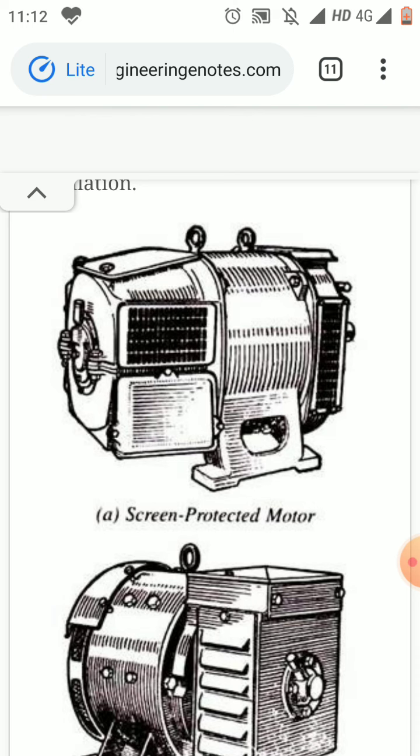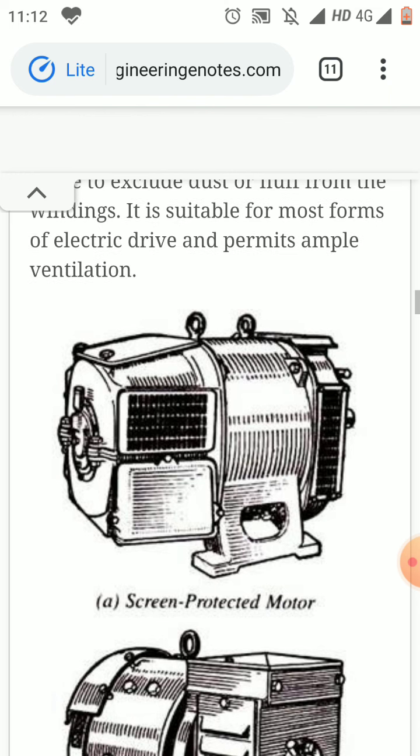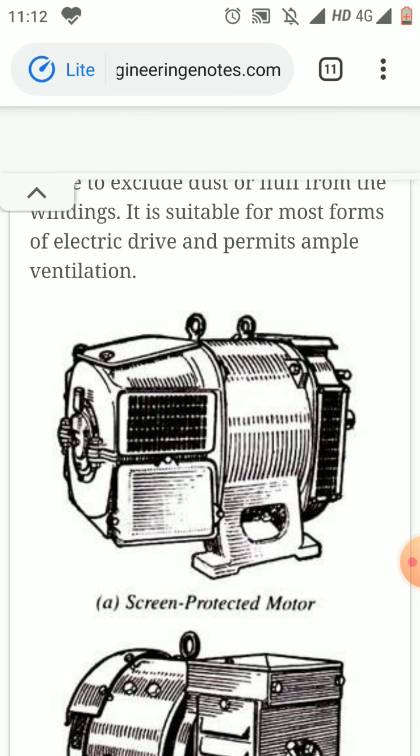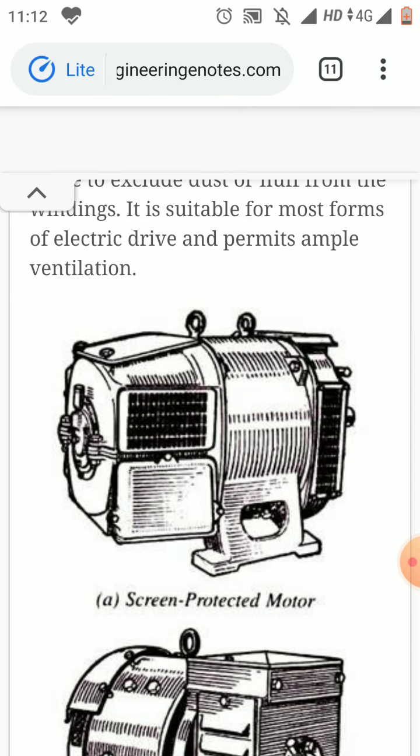And when you come to the screen protected type, it is shown over here. In the screen protected type, large openings are provided in the end shields for the free ventilation of air from outside to inside and inside to outside, because whenever the motor is under working condition, heat will be generated and that heat has to be cooled as early as possible.